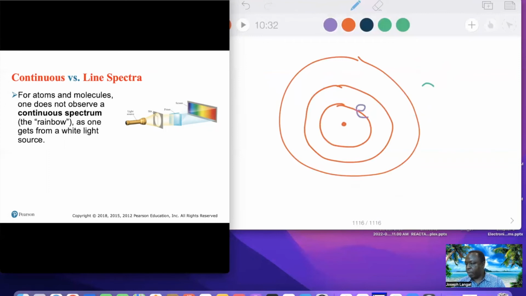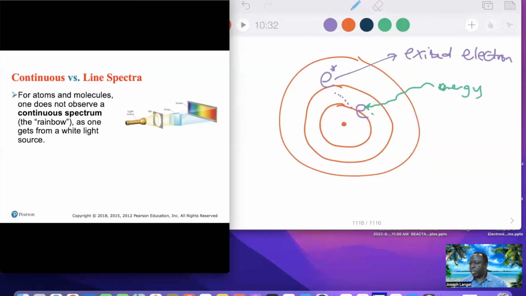And if light is coming right here, it interacts with this electron, and we say that this electron is excited. It is promoted to a higher energy level because of this energy.